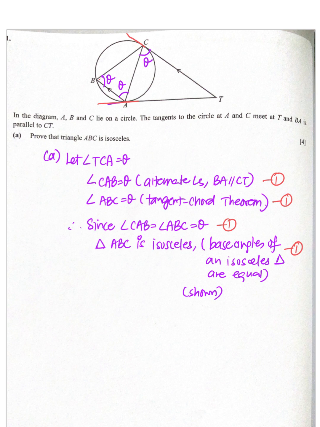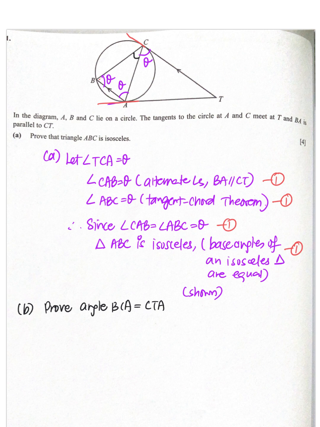For your part B, there's a part B, class. It's not printed. In part B, you're supposed to prove that angle BCA is equal to angle CTA. So angle BCA is here.